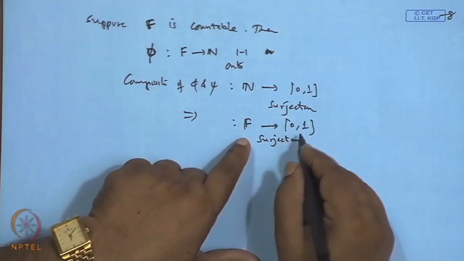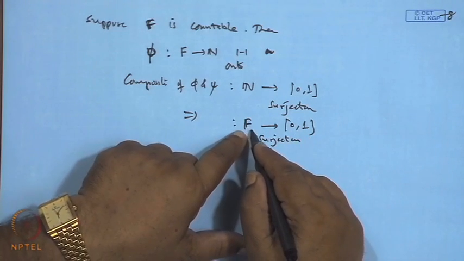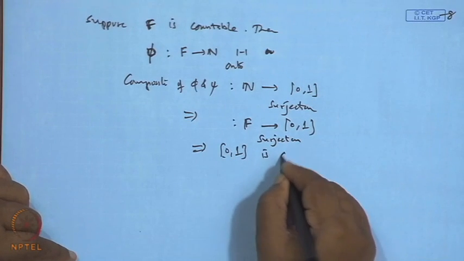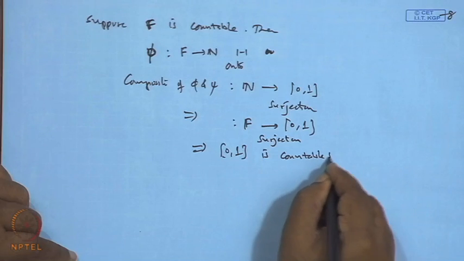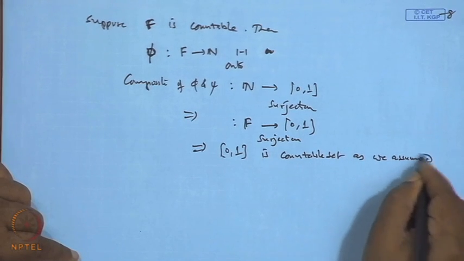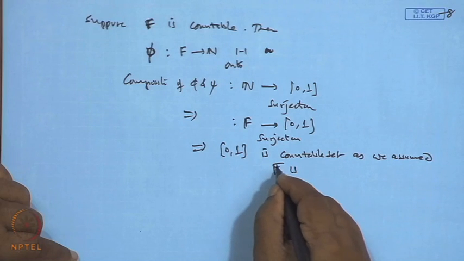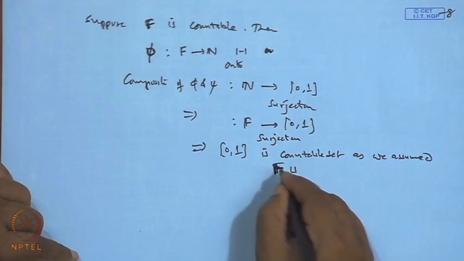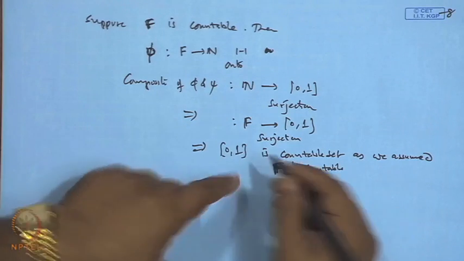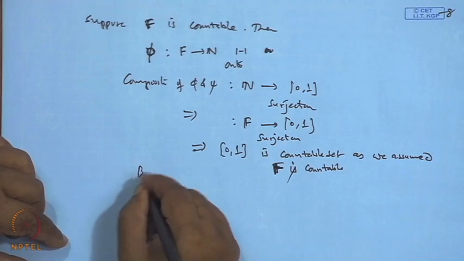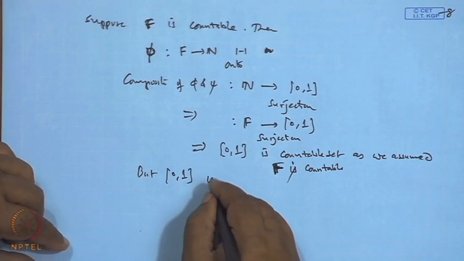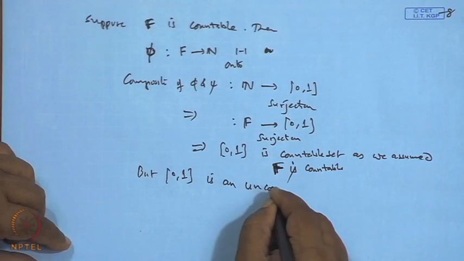Once it is a surjection, since we have assumed F to be countable, this implies that 0 1 is a countable set. F is countable is our assumption, but 0 1, the set of all real numbers between 0 and 1, that is the continuum, is an uncountable set, which we have already shown.